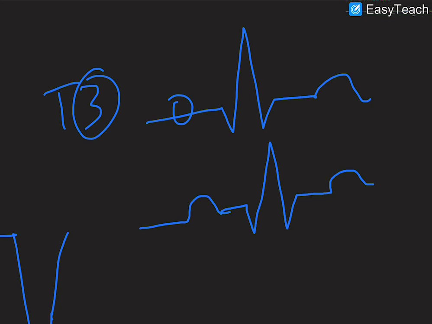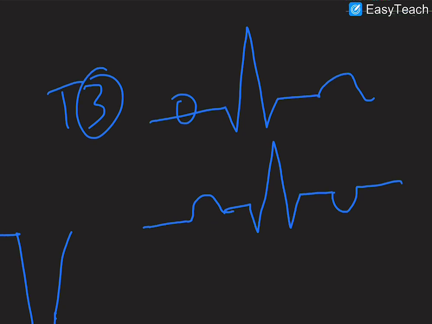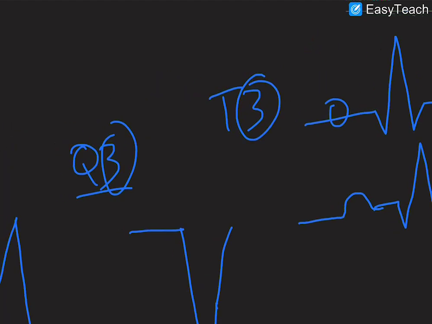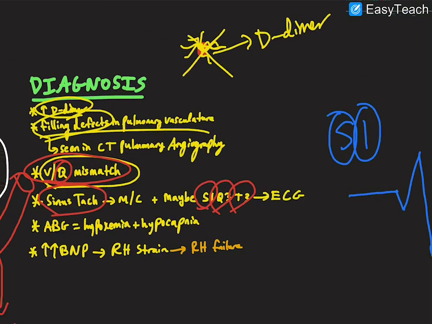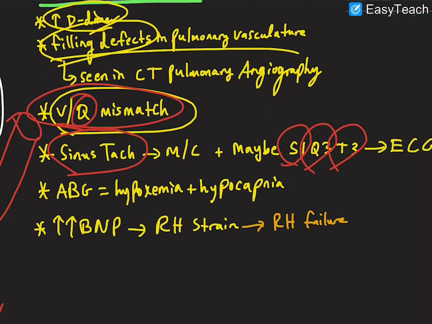But in pulmonary embolism, in the S1Q3T3 finding, in lead three, you see T wave inversion. So you can see something like that in lead three, and of course, in lead three, you would also see a Q wave too. So that's S1Q3T3. That's the EKG finding for pulmonary embolism.